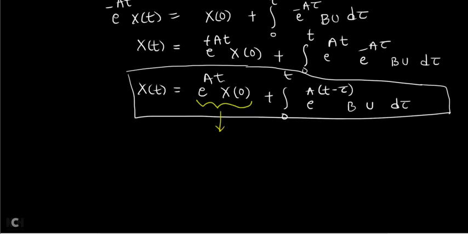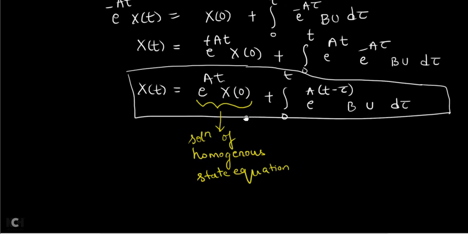This term is called the solution of the homogeneous state equation. If the state equation is homogeneous, then your solution is given by only e power at into x of 0.